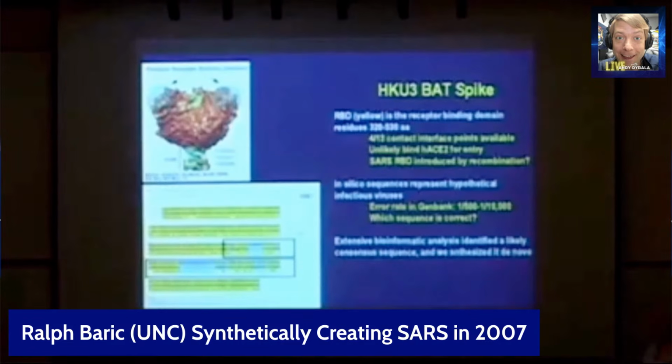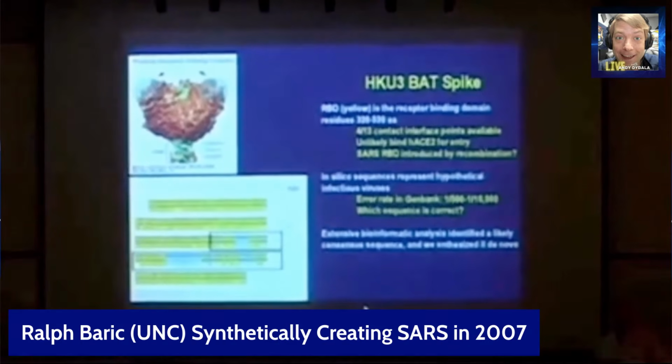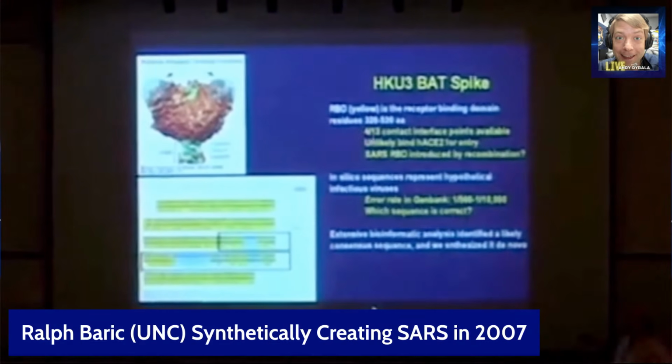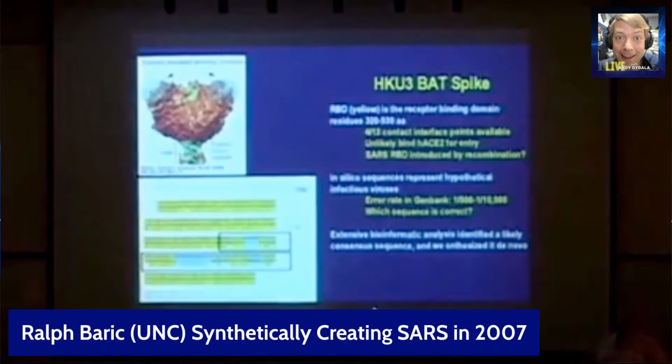If you look at the sequence, the receptor binding domain shown here in yellow, there's a large amount of sequence variation, especially within the contact interface residues that engage the human ACE receptor. And in fact, there's only 4 of 13 contact interface residues that are retained in these bat strains. So we don't think it's going to use the human ACE receptor to get into cells. In fact, we think we're going to have a tough time culturing this virus.